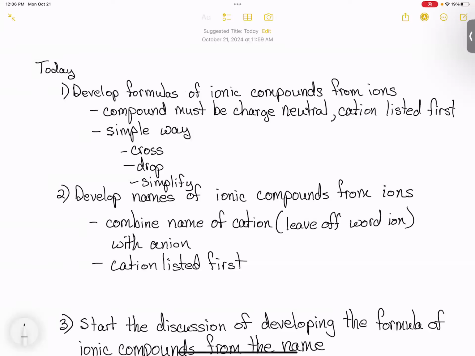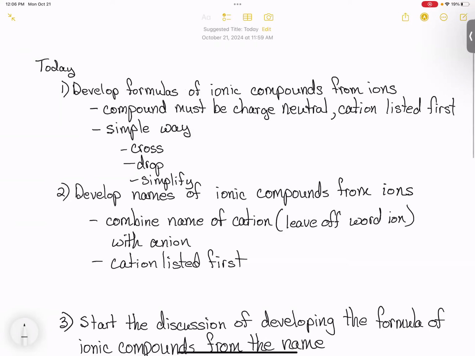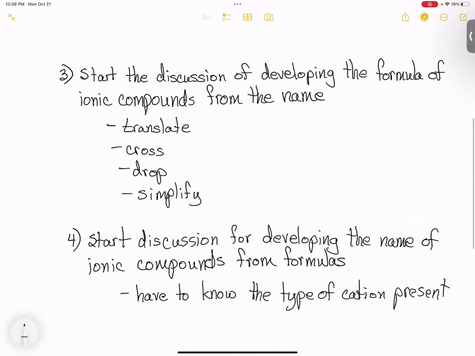After we do some work with the ions, then we're going to get into the real work, where we start discussing the development of the formula of an ionic compound from the name. When we start developing the formula of an ionic compound from the name, the cross, drop, simplify is the same.